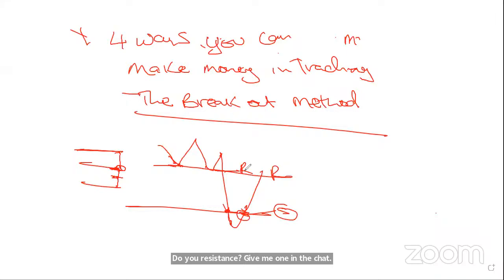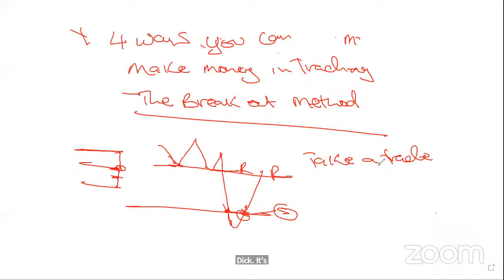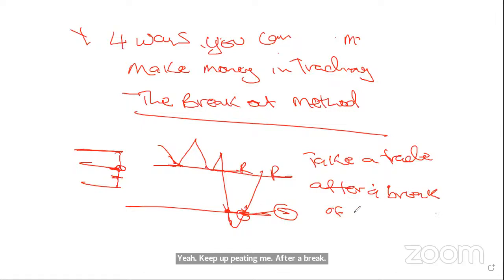So a trader takes a trade after a break of your key level. And that's the most key point here. Take a trade after a break of your key level.